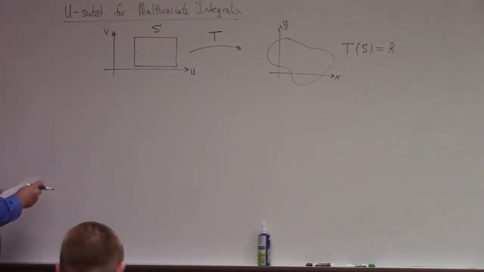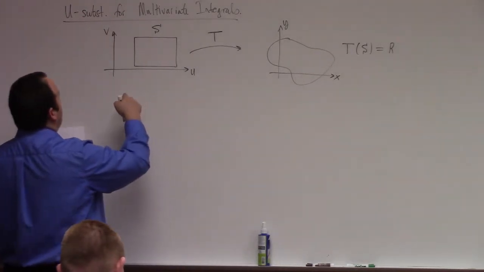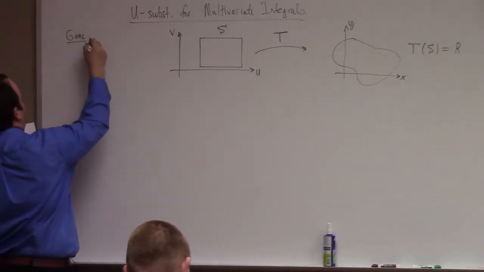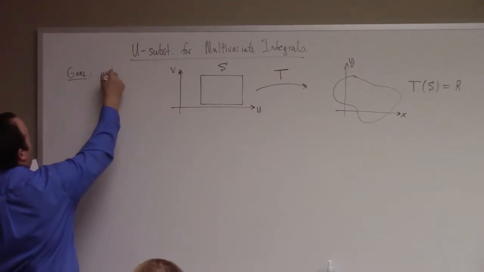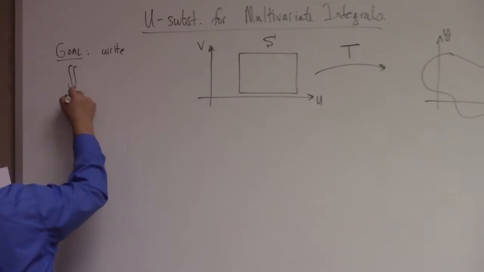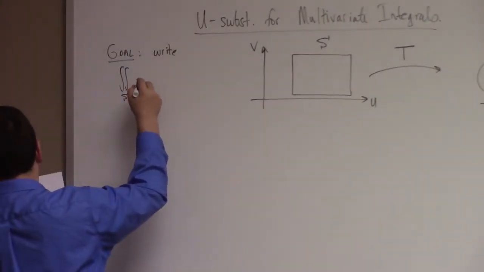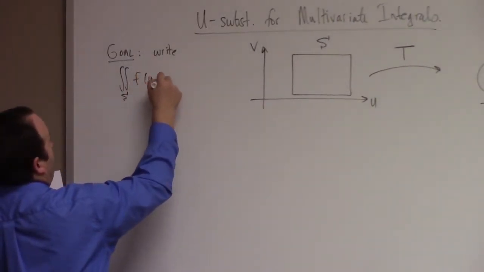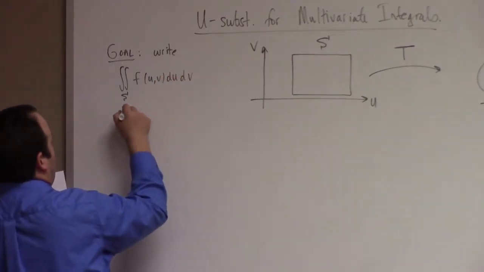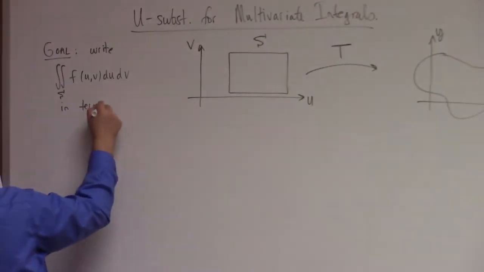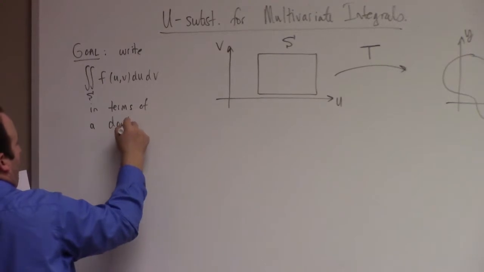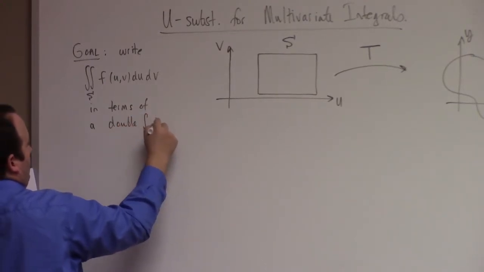In particular, let me put our goal up here. Our goal is to write the double integral over S of f(u, v) du dv in terms of a double integral in x and y.